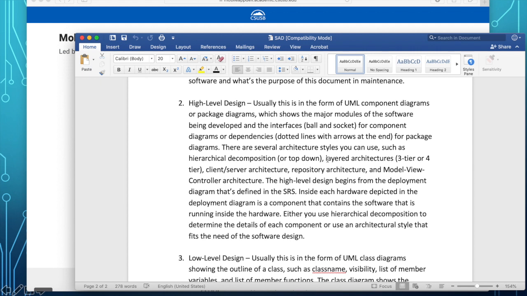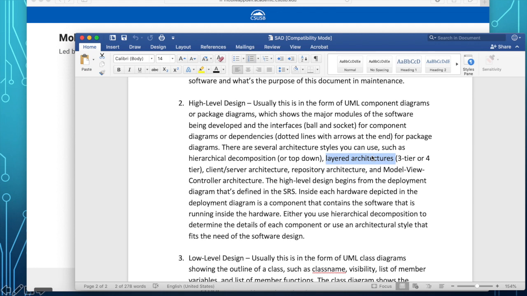Another very good architecture is layered architecture. And layered architecture could be 3-tier or 4-tier. Usually in a 3-tier or 4-tier, the lowest level is the one that is closest to the hardware. And the top layer is the one that's concerned with the application, the database, or any application.